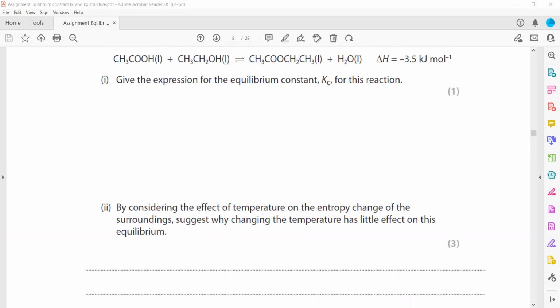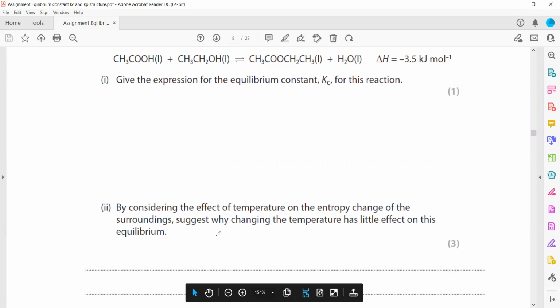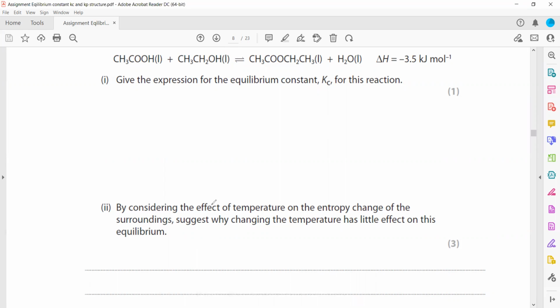This reaction is slightly exothermic, as you can see here. So when we change the temperature, the value of K does not change much.